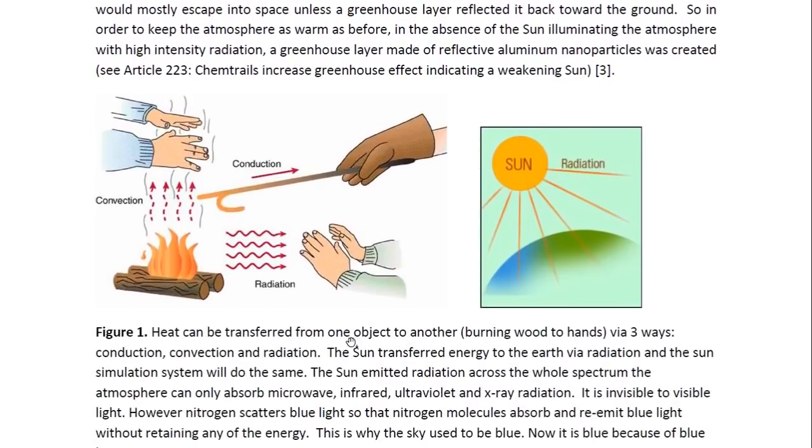Now, heat can be transferred from one object to another, for example from these burning logs to human hands, via three ways: conduction, convection, and radiation. Convection, as you can see, is just heat being transferred by the movement of air or particles moving upwards from the flames towards the hands. Conduction is when one part of this metal, which is placed in the flames, heats up and the heat travels across the metal to the hand.